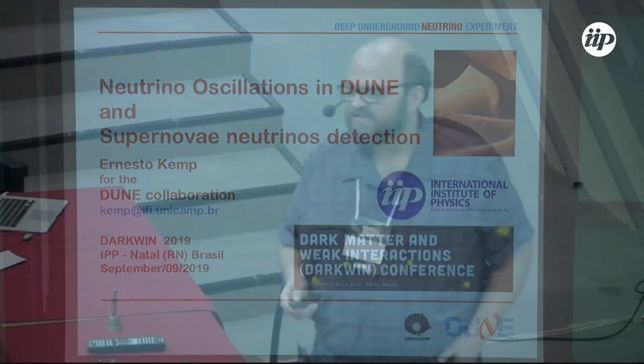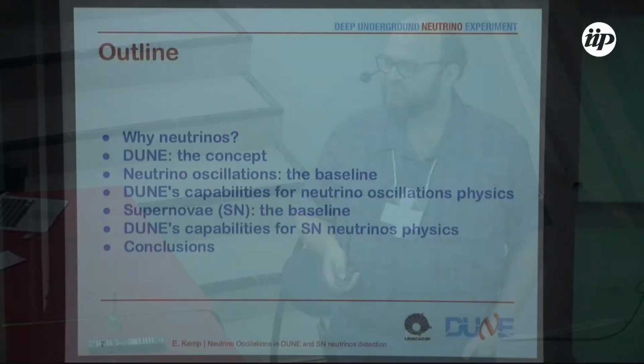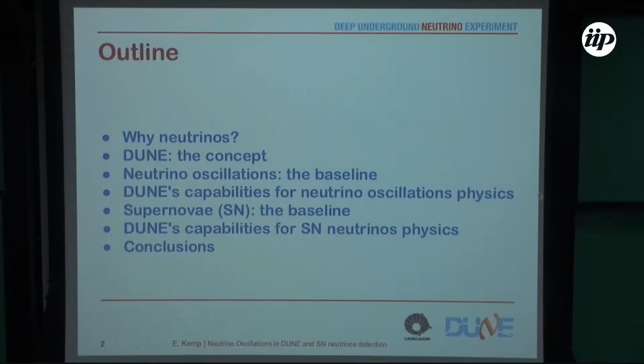So thank you to the organizers for this opportunity to talk about neutrino oscillations and supernova neutrino detection in the DUNE experiment. This is the outline of my talk. I will describe some interesting facts about neutrinos, and then just one slide about the DUNE concept, because Ettore did a very good job describing the detector in his talk.